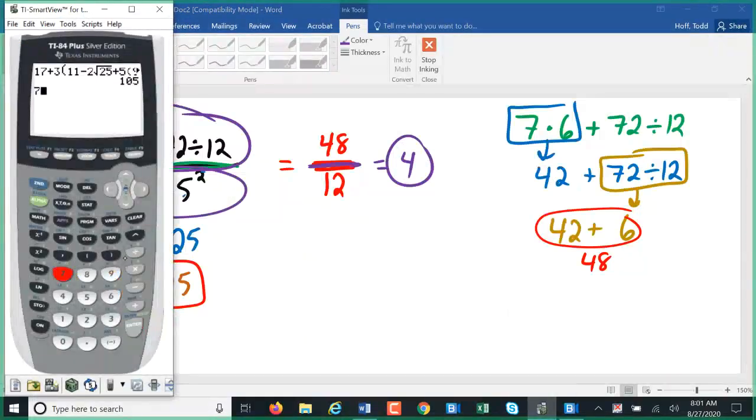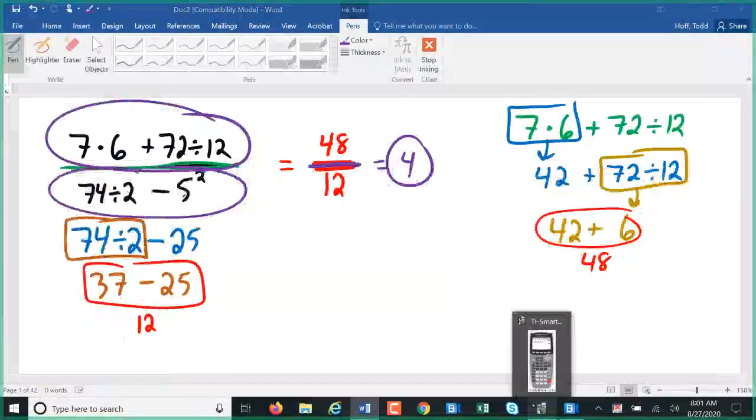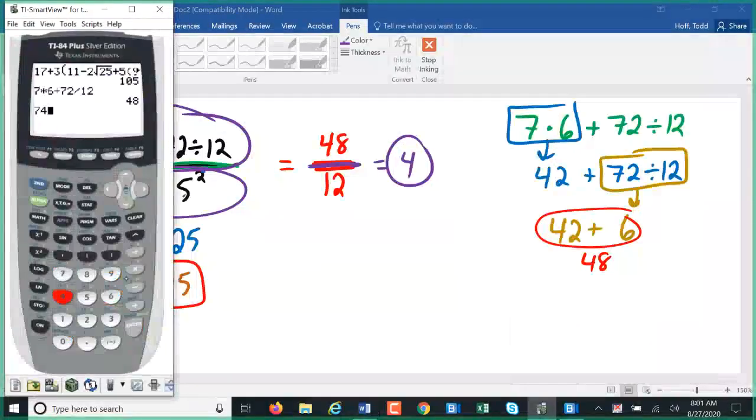You can do the 7 times 6 plus 72 divided by 12. It'll give you that 48. And you can do the 74 divided by 2 minus 5 squared, and it'll spit out the 12. And then you just have to do the 48 divided by 12.